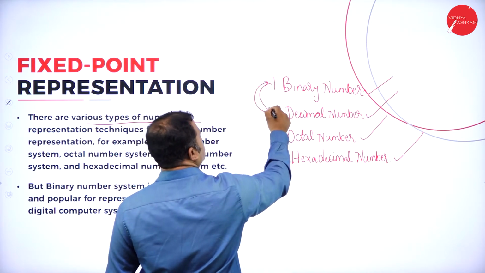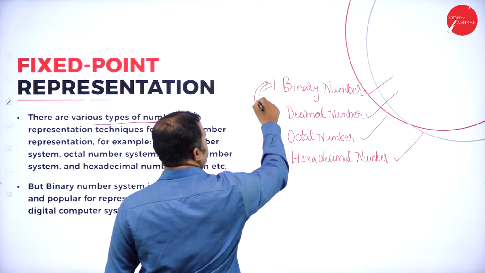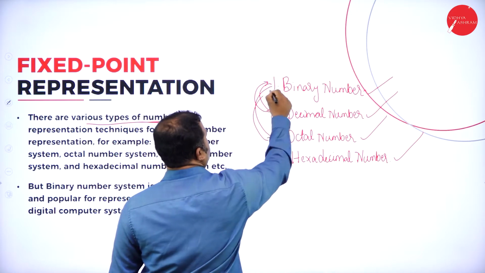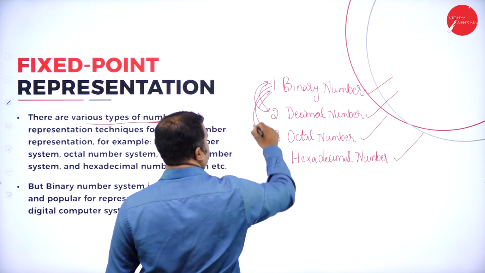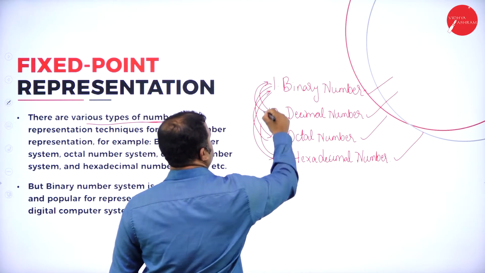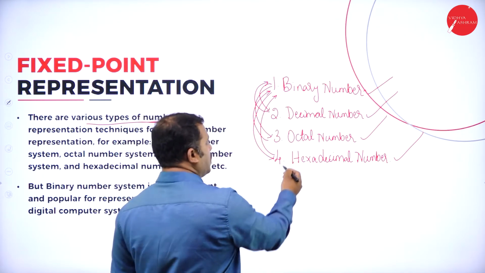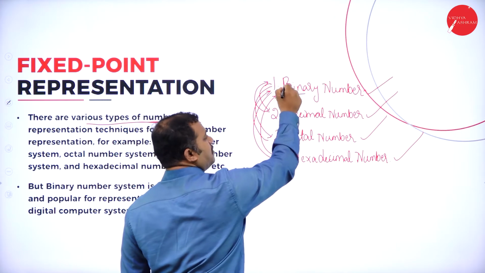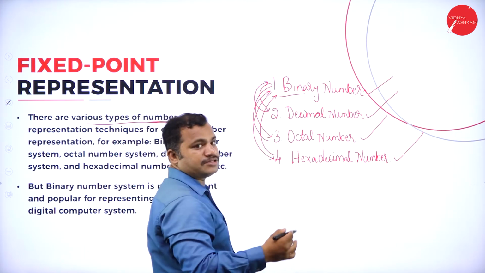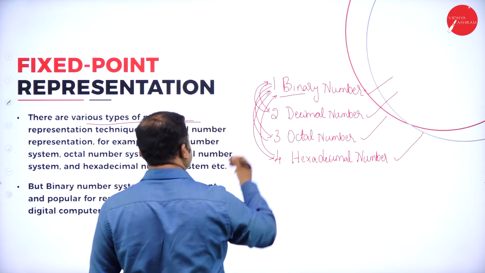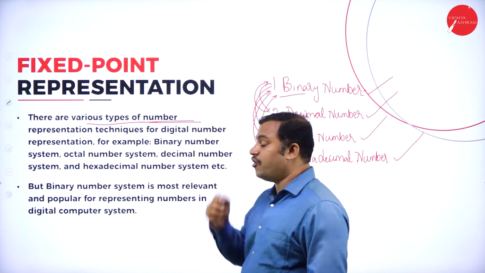Then again, binary to octal, then octal to binary. Similarly, binary to hexadecimal, then hexadecimal to binary. So we have these possibilities to convert from one form of number representation to another so that the numbers can be represented in varying formats.